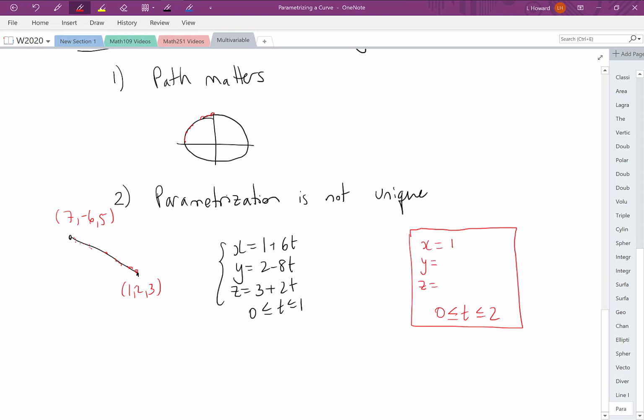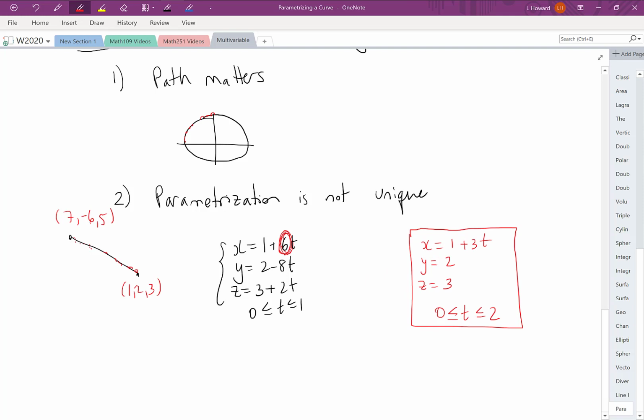So we'd still be starting at the coordinates 1, 2, 3. But if we want to have a total change of, say, 6 in our x coordinate, that would be like having a change of 3 units every second. So we could write 1 plus 3t. And by the time we get to t equal 2, that would still put us over at x equals 7.